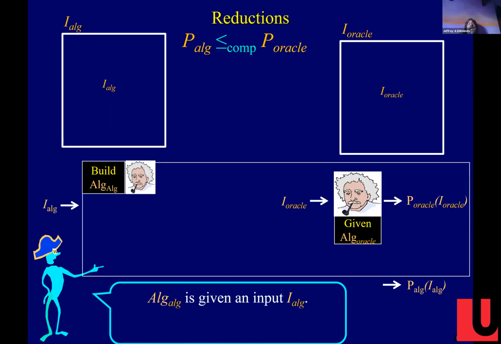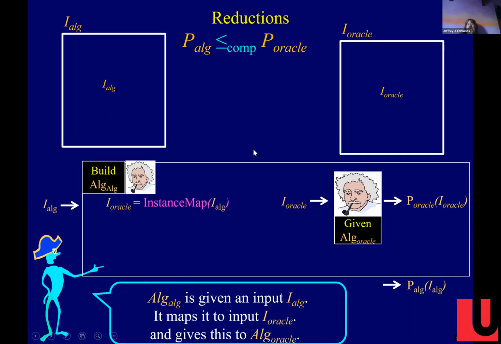I don't know whether it's a yes instance or a no instance; that's why I got rid of the circle. All I know is that it's an input. I take this input to the algorithm problem and map it over to an input to the oracle problem. So I define a function that takes an input to this problem and produces an input to that problem. That's my instance map. Does that make sense?